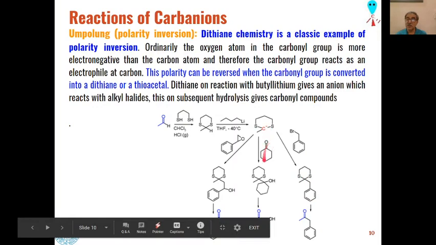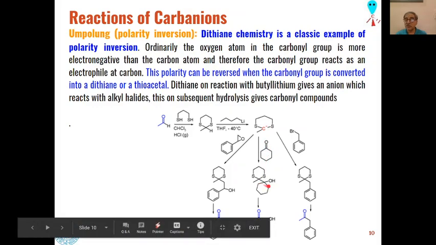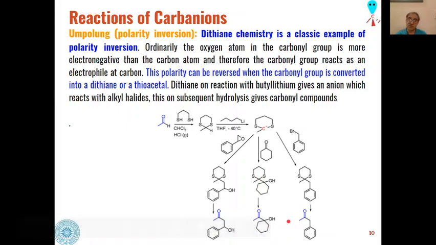Similarly, in this case, this carbanion will attack this electrophilic carbon, and this will become OH, and this type of intermediate will form, and when hydrolysis is done, this group is converted into a keto group. Here, in this hydrolysis, one H will go to this sulfur, one H will go to this sulfur, and oxygen of the water will get attached to this place, and we will get hydroxyketones as the product.